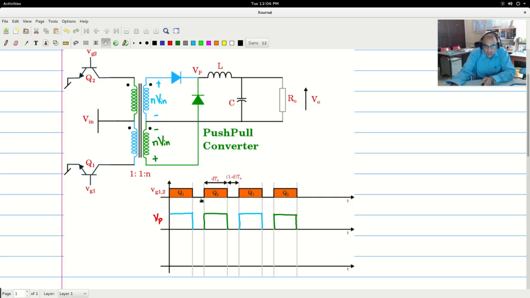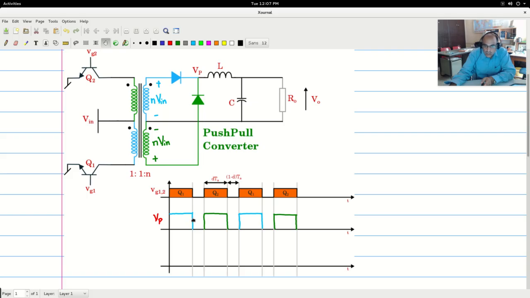For the switching frequency of Q1 or Q2, the frequency that appears at the pole voltage is double because of the ORing effect of the green and the blue portions of the circuits. Because of the ORing effect, at the pole voltage there is a doubling of the frequency, and therefore we now define this dTs and 1 minus dTs with respect to the pole voltage wave shape.